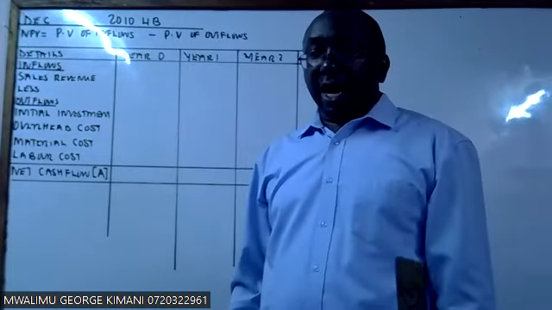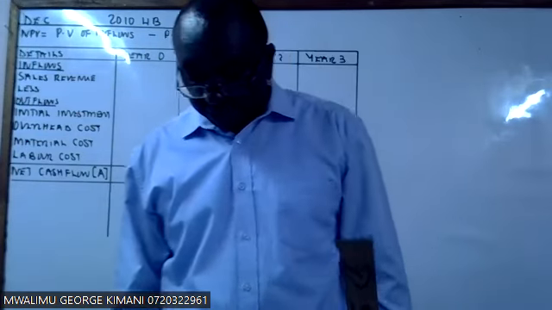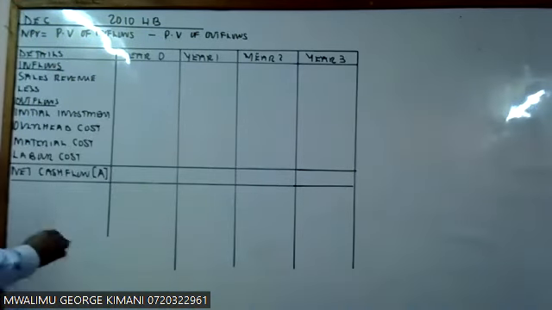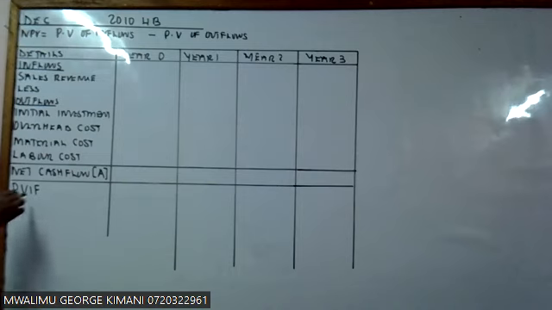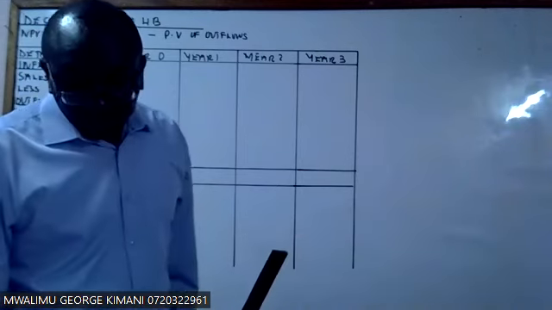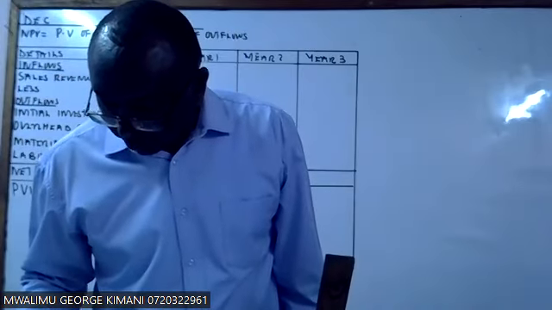Now, because these are periodic, we must get the present value, the PVIF, and this will be for 3 years. And at a rate of what? We were told the cost of capital is 15.